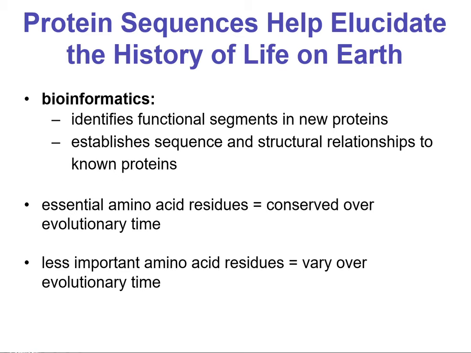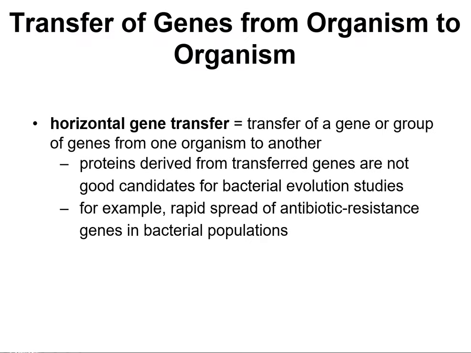When you do that, you can actually help identify the functional segments of new proteins or unknown proteins. And you can establish sequence and structural relationships. So if we know that this particular consensus sequence is associated with this type of enzyme activity, then we can start to establish different families and things of that nature. We can also identify what's called horizontal gene transfer.